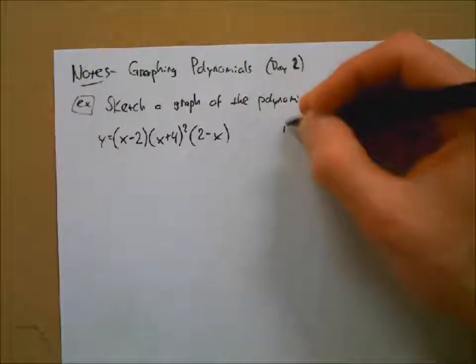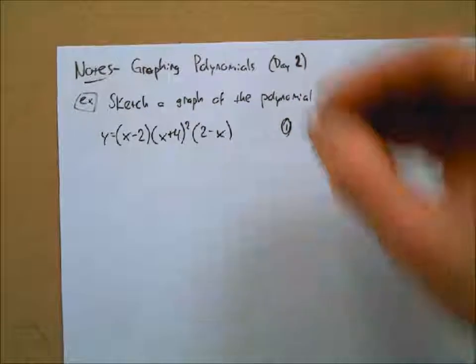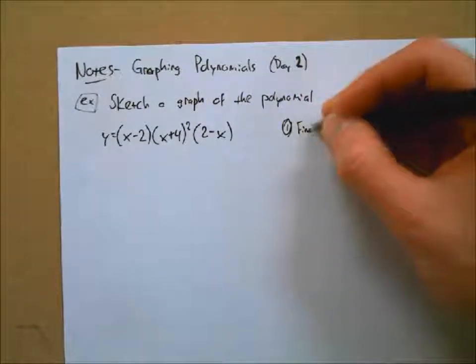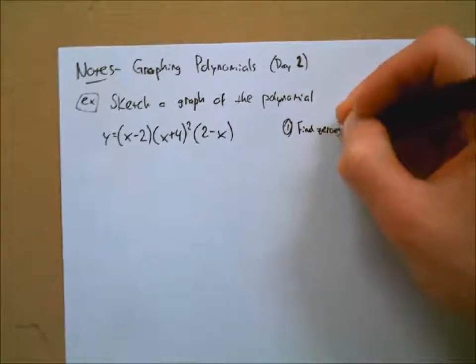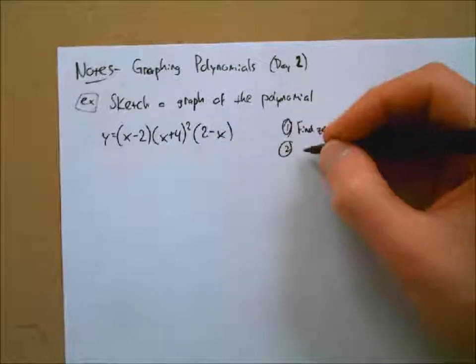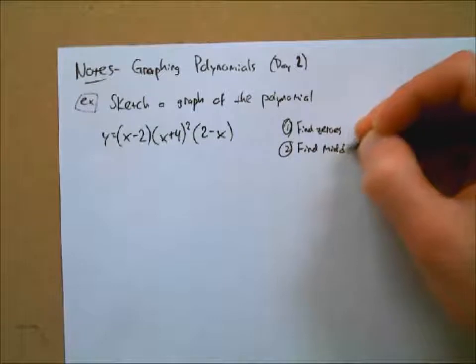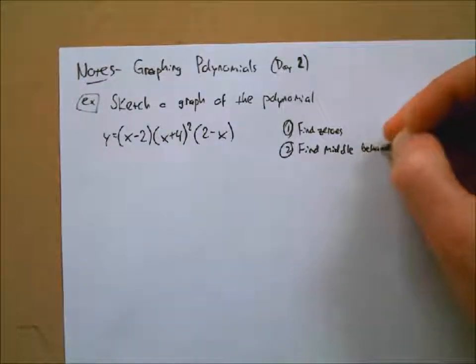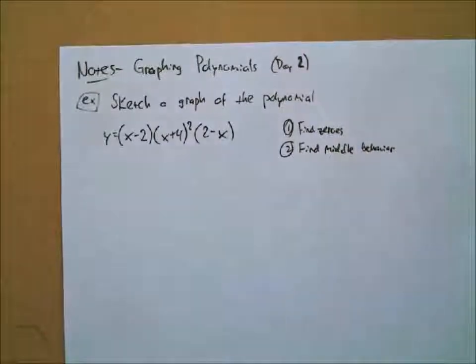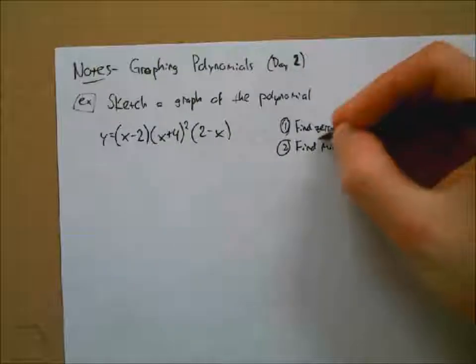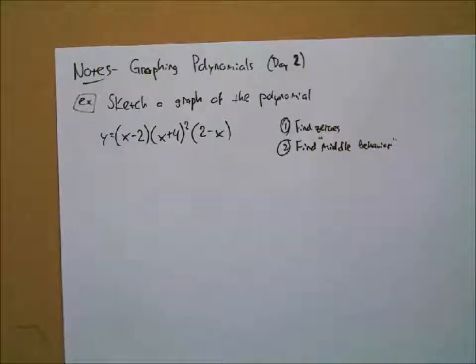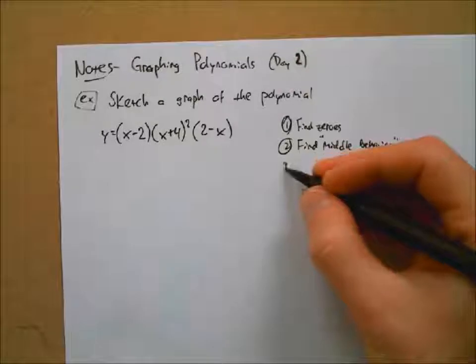And again, we're going to identify the same pieces of information. We want to be able to find the zeros. We want to be able to find the middle behavior, which is what happens between the zeros. And then we'll, of course, examine the end behavior.